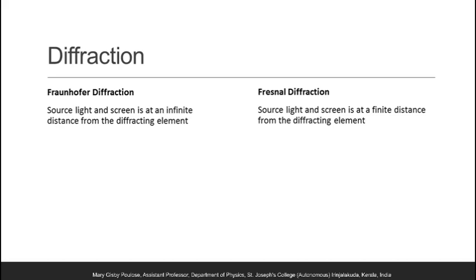Whereas in Fresnel diffraction, the source light and screen are at a finite distance from the diffracting element. That is, they are nearer to the diffracting element. In that case, the slit will see either spherical or cylindrical wavefronts coming towards it and going away from it.